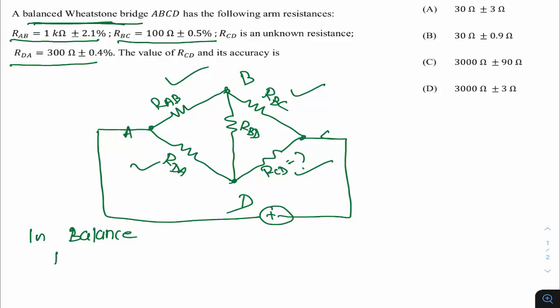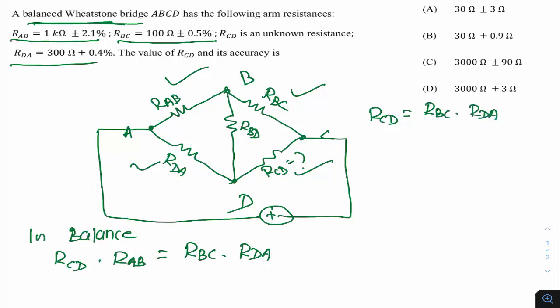In balance, RCD multiplied by RAB is equal to RBC multiplied by RDA. That means what is your RCD? Because we need to find this RCD value. RCD is RBC multiplied by RDA divided by RAB.